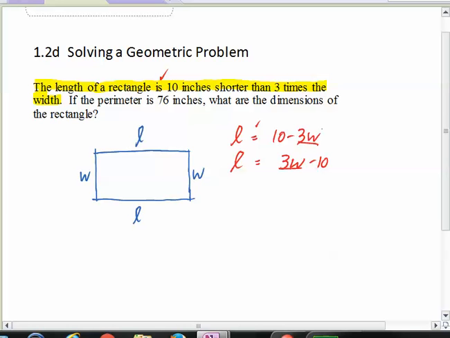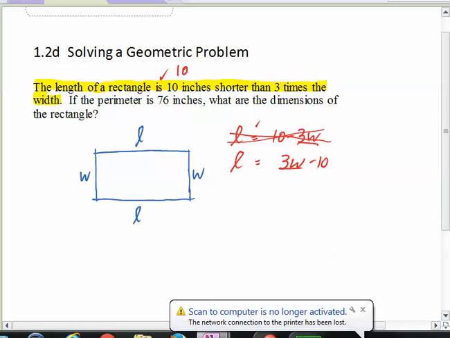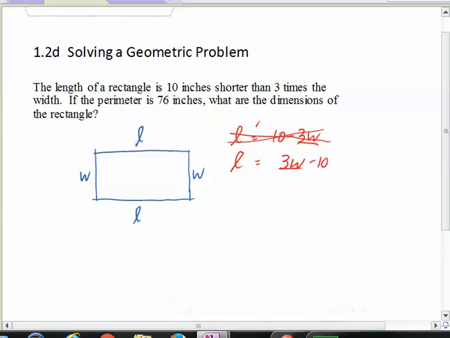Convince yourself that it has to be 3W minus 10. You can't just see the words and put down the symbols as the words show up, not all the time. So please think about what the words are saying. 10 less than 3 times the width, there's what the length is.